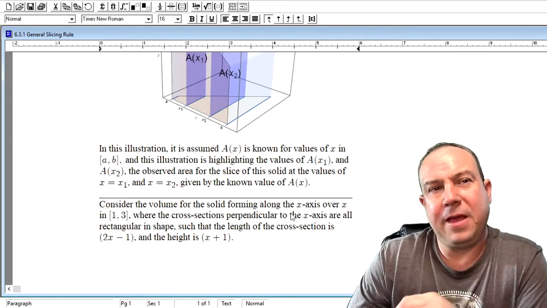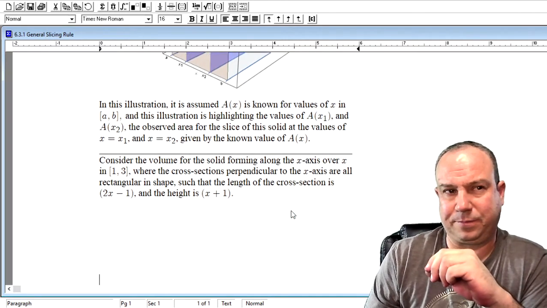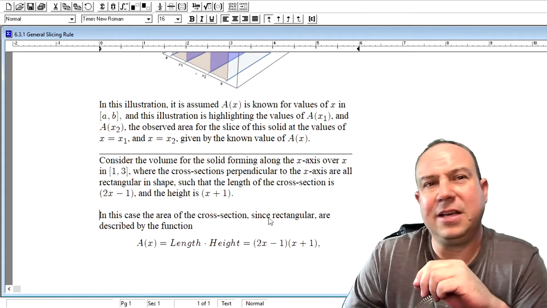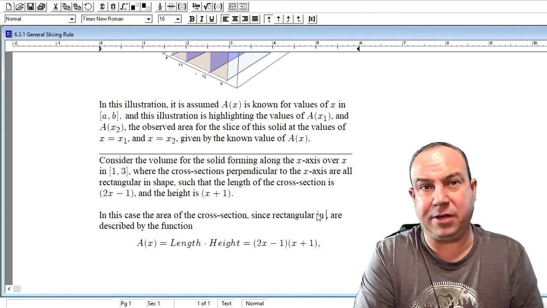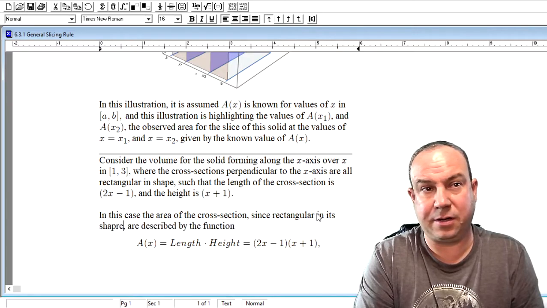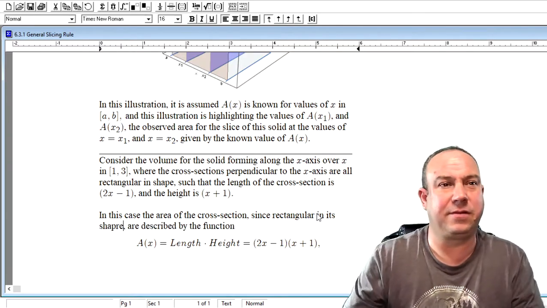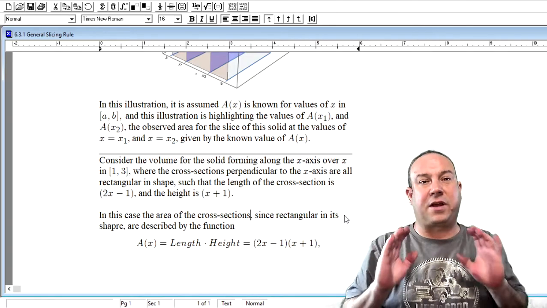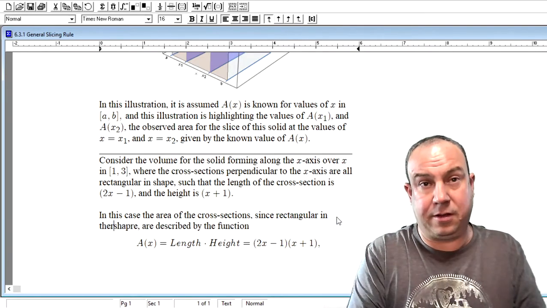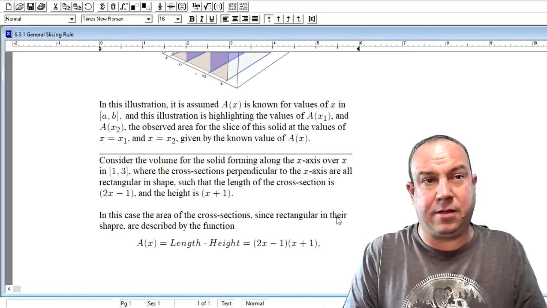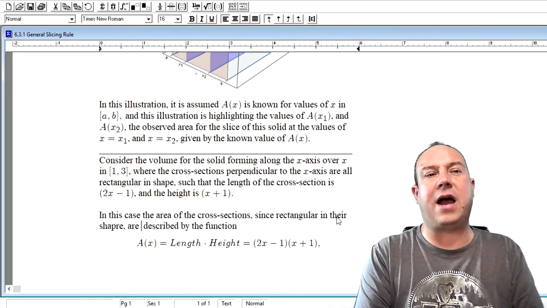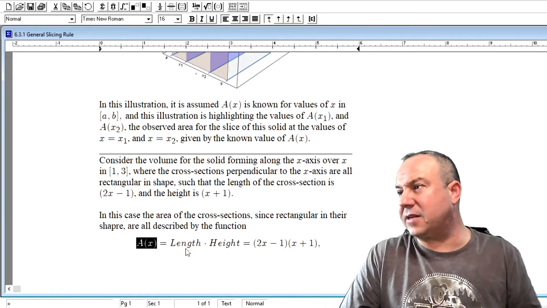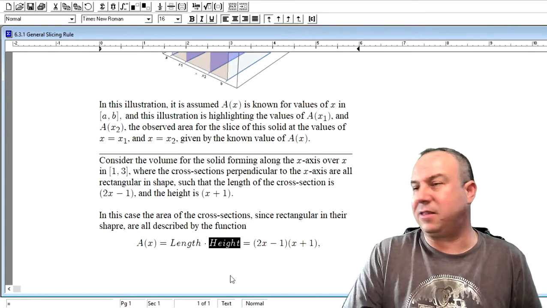All right? So if we think about just the area in general, the area of the cross sections, since rectangular in their shape, are all described by the function A of x, where A of x comes from that length times that height measurement.